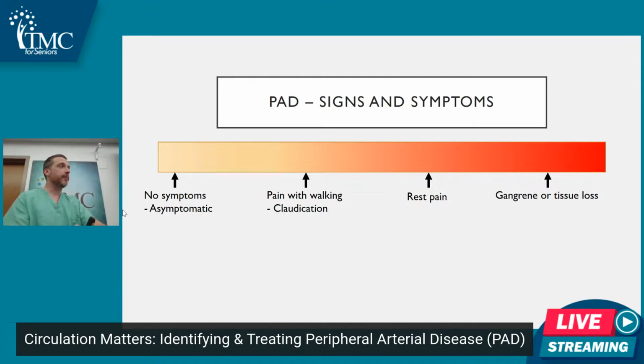Usually at that point you have to stop, let your body catch up again, rest, the pain subsides, and the individual can go about that same distance again before they get the pain again. And it's pretty reproducible.